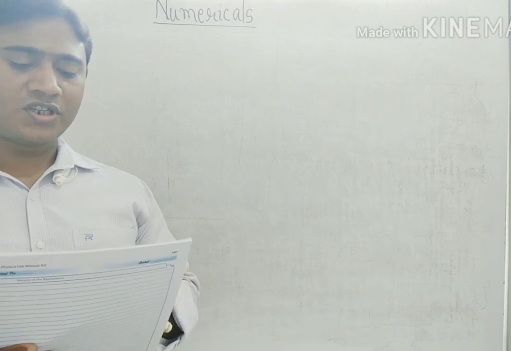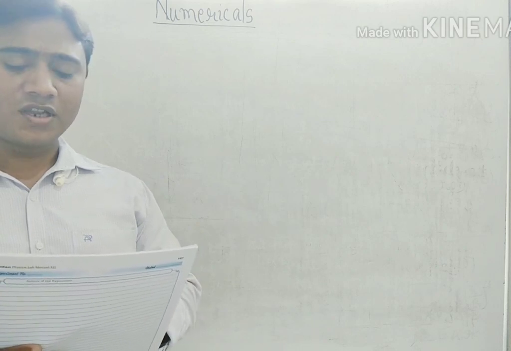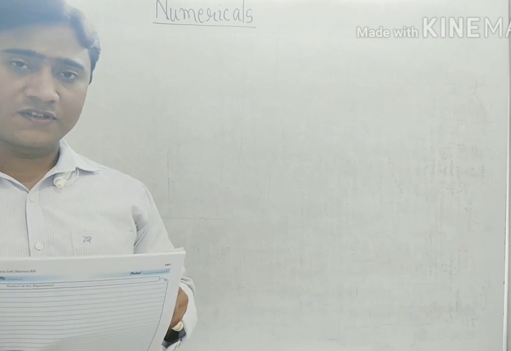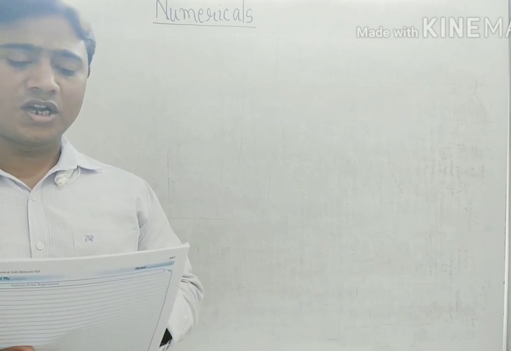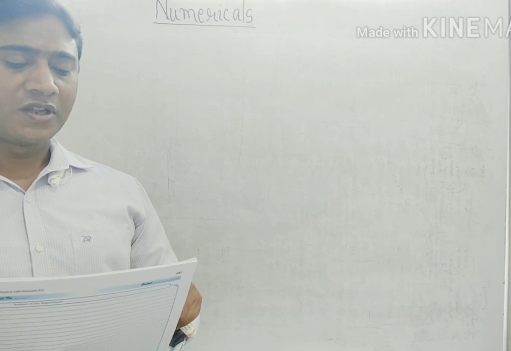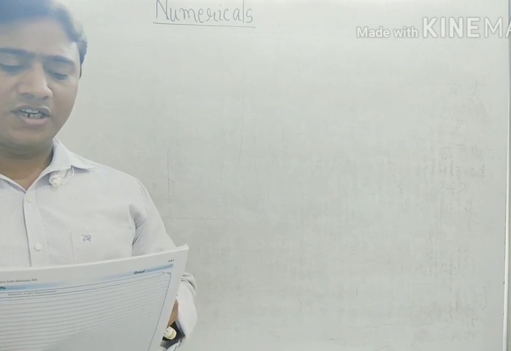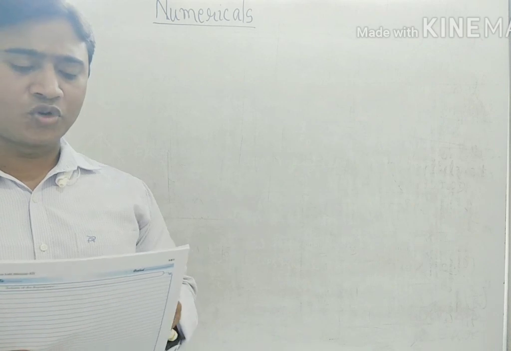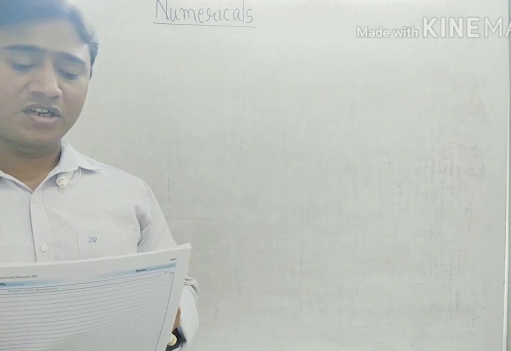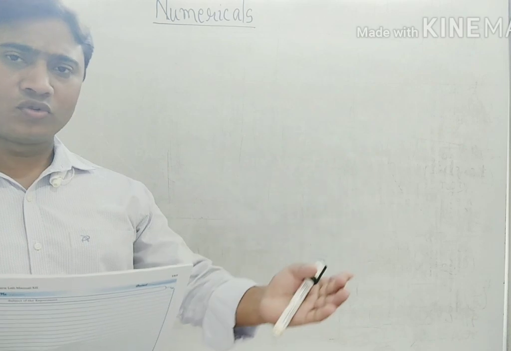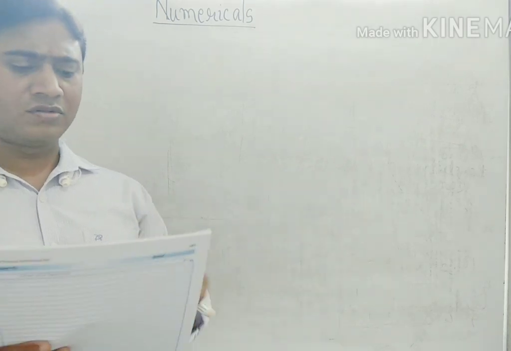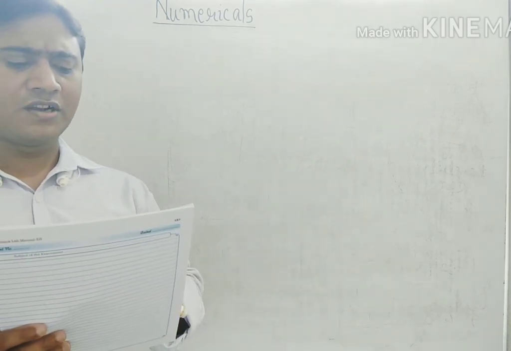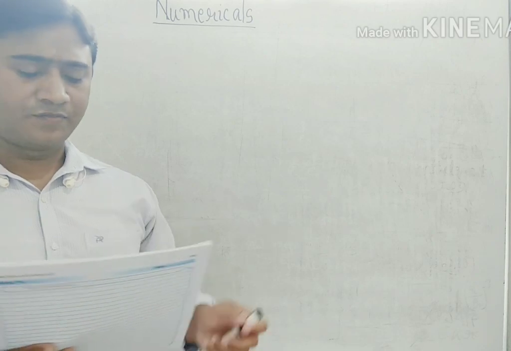First, what is the surface charge density on the inner surface and on the outer surface of the shell? Second, write the expression for the electric field at a point x greater than R2, that means outside the outer surface of the shell, from the center of the shell.